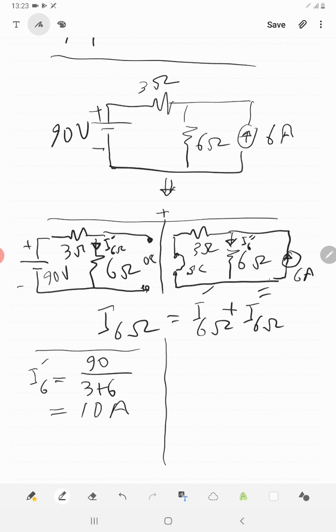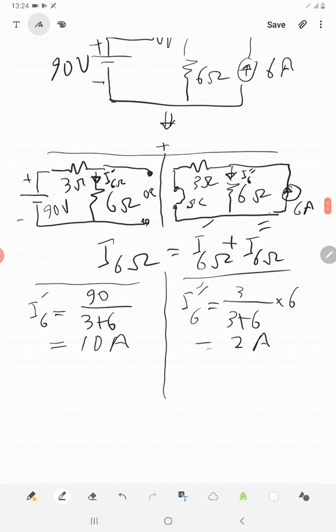The other circuit, we can use the current divider rule. I6 double prime is equal to 3 divided by 3 plus 6 times 6 amps. So this will be 18 divided by 9, which is 2 amps.